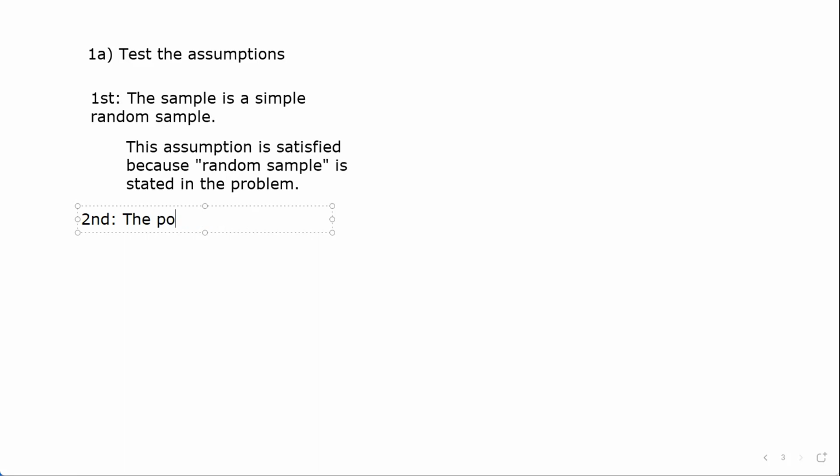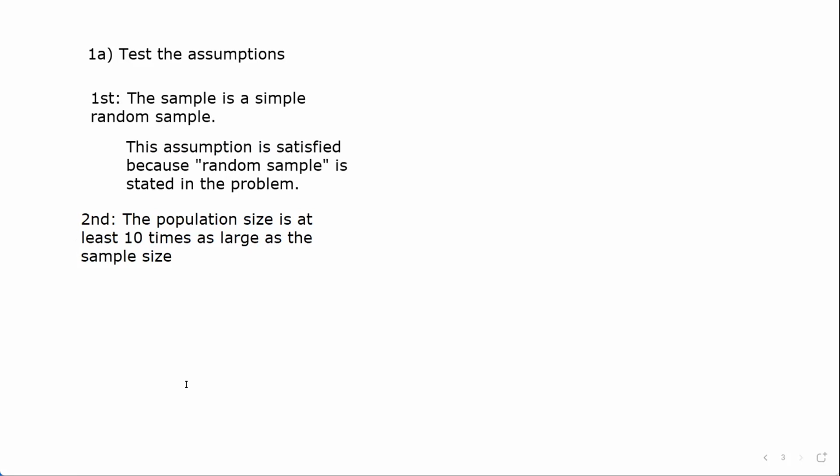Sometimes they state it with population, sometimes they state it with sample. The population size is at least 10 times as large as the sample size. That's our assumption. It's about size, okay?